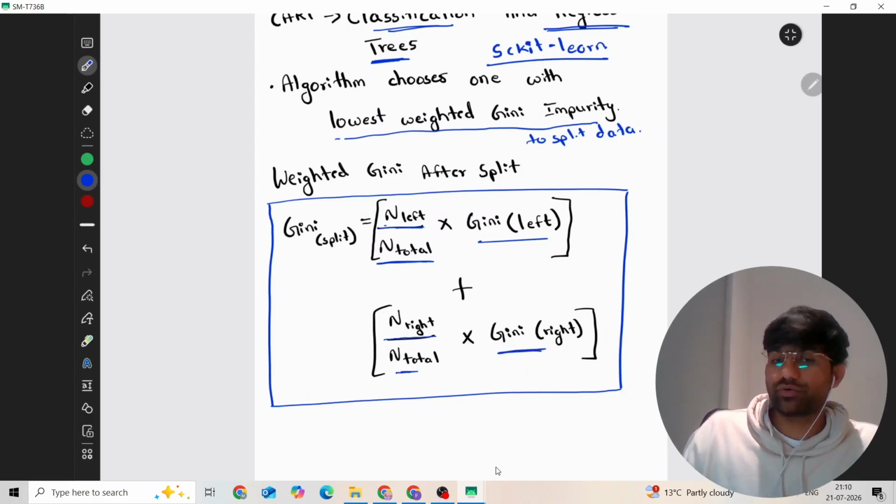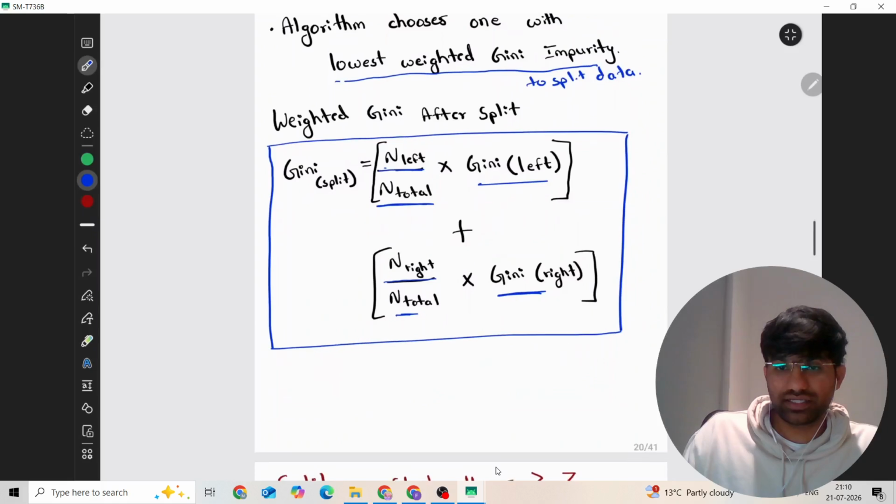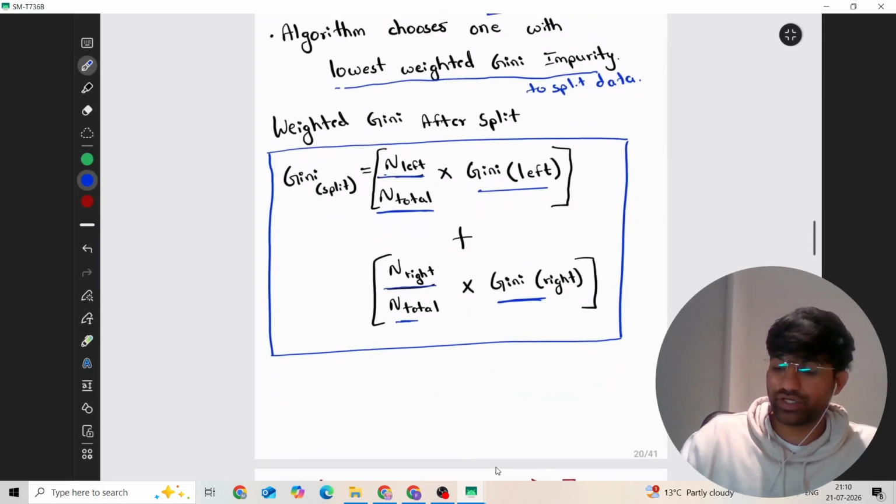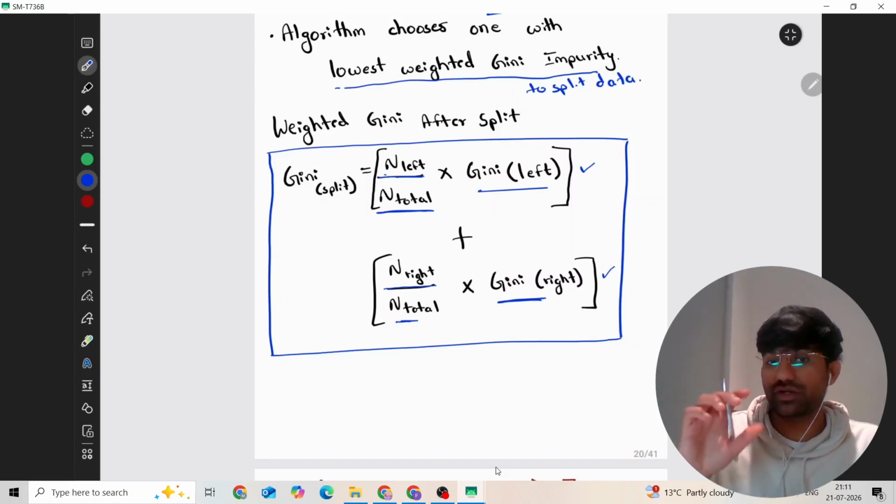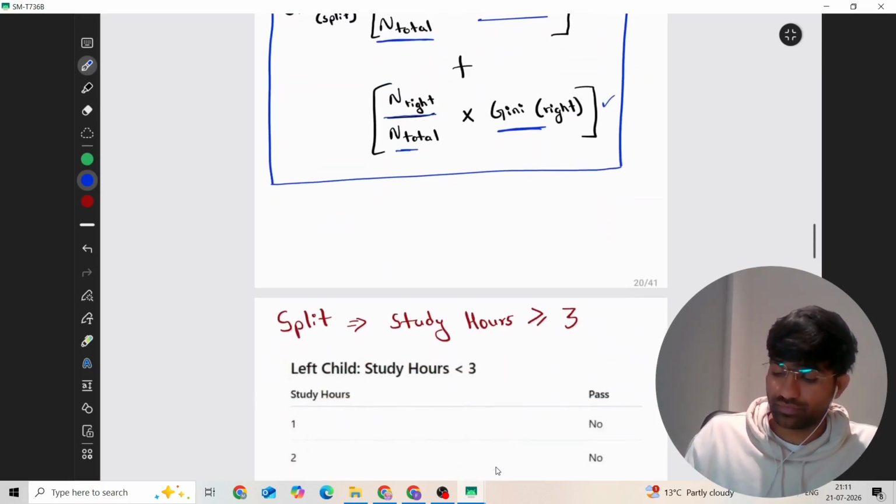So we have to take a feature, split the data and calculate the Gini impurity of the left child and Gini impurity of the right child. That will be the overall Gini impurity of the particular column, a single column.